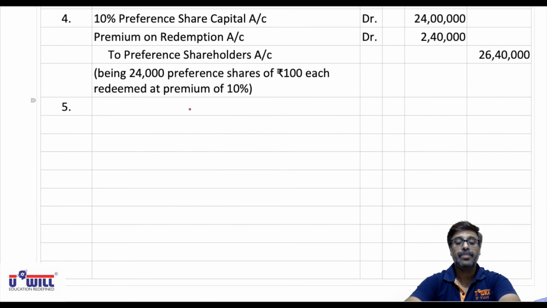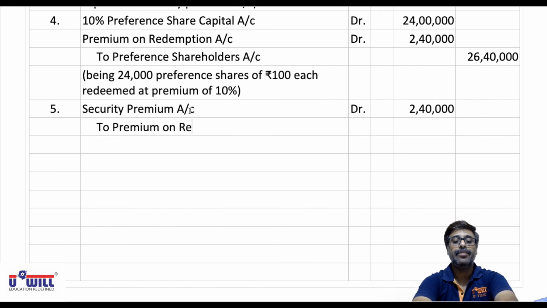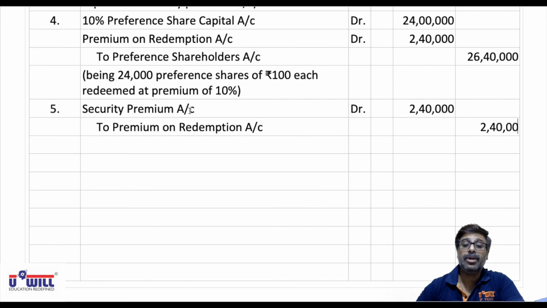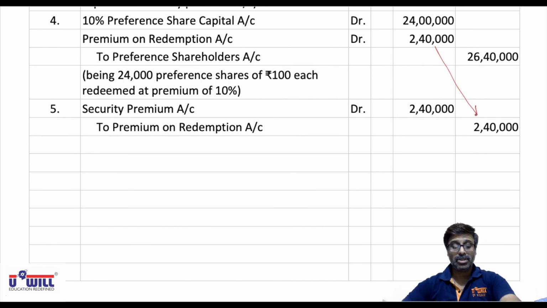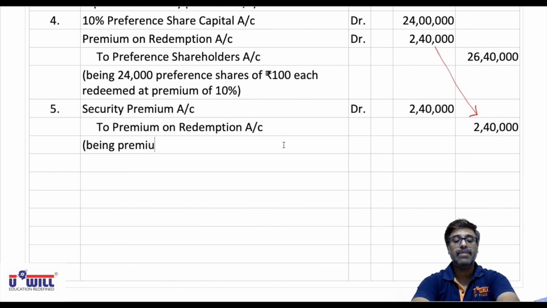So securities premium account debit with 2,40,000 to premium on redemption account with 2,40,000. So premium on redemption account we reverse and credit to close it, and we write it off from securities premium. So securities premium account debit, being premium on redemption written off.